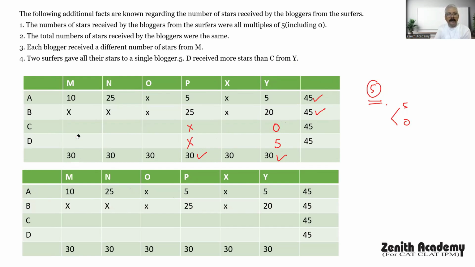Here 20 is left with M. It is given that two surfers gave all their stars to a single blogger, so it can be only O and X. Suppose O gives all 30 stars to C, then X will give all 30 stars to D. Or O gives all 30 stars to D, then X will give all 30 stars to C. These are two possibilities.